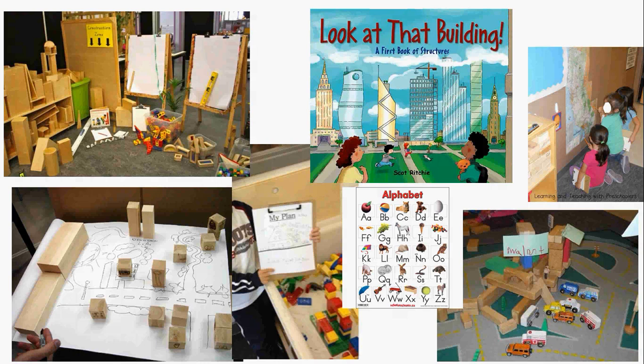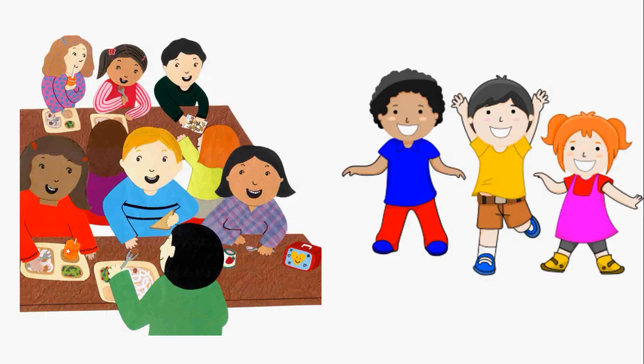Now, I've shown an example that looked at an interest area, but this should happen all the time. So remember, when a CLASS assessor comes out, they can observe any routine as well as your experiences. For example, a routine such as going to lunch or getting to the cafeteria. How could we make a good line to get to the cafeteria?